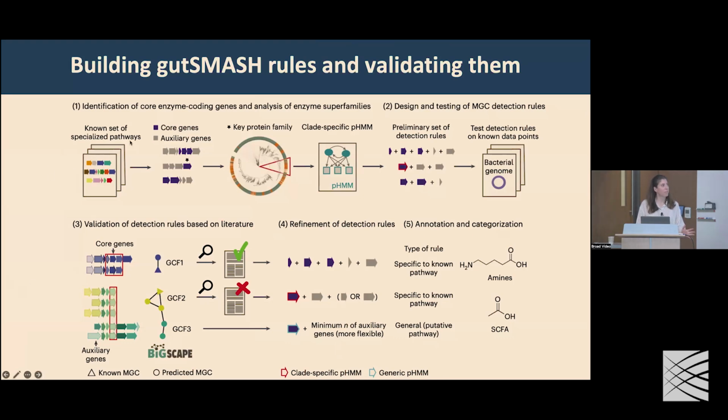From there, we could identify the core genes and discern them from the auxiliary ones. We could also see that some of these core genes were repeated between different pathways. So in those cases, we generated phylogenies for these key protein families.